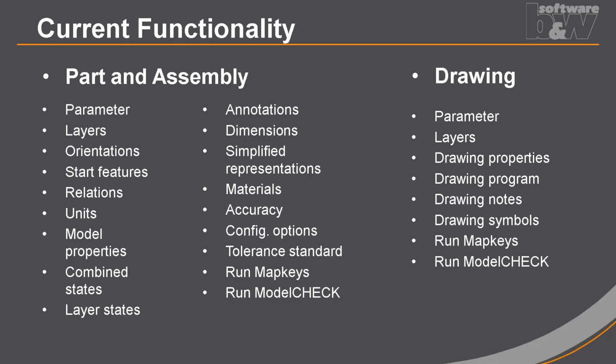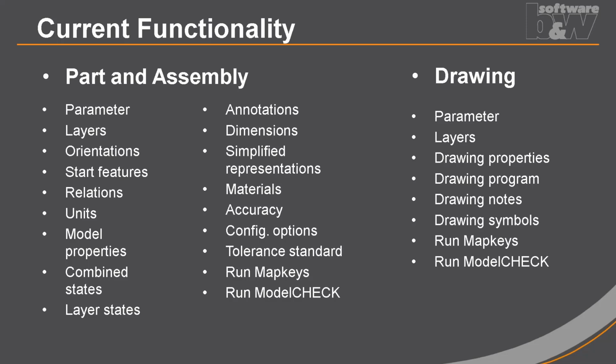As well, you can set up units, create new unit systems, and check and correct everything. Model properties: these are the DTL properties you need for setting up fonts and everything. Combined states, you know, from the MBD system.